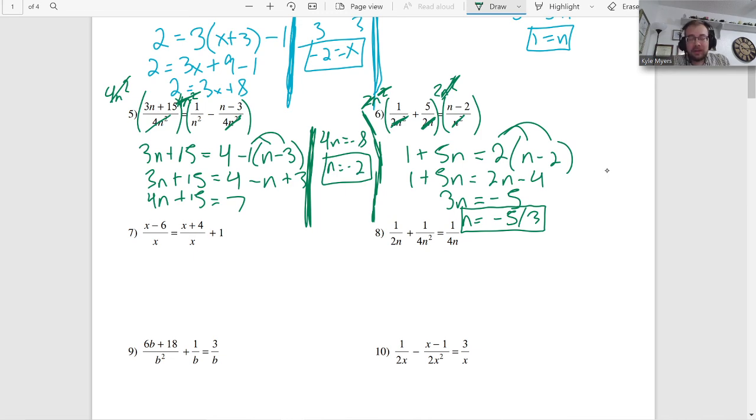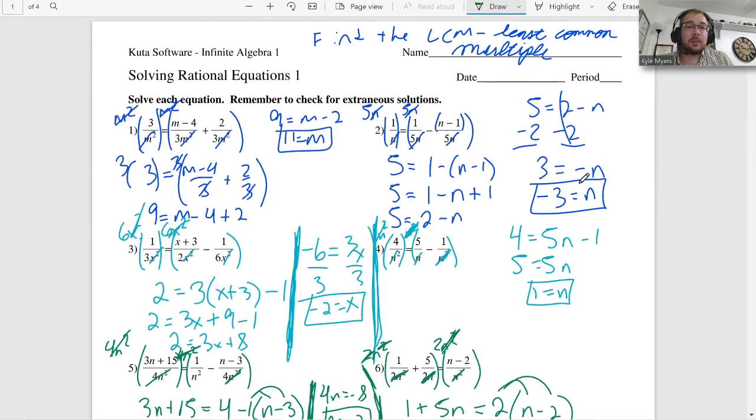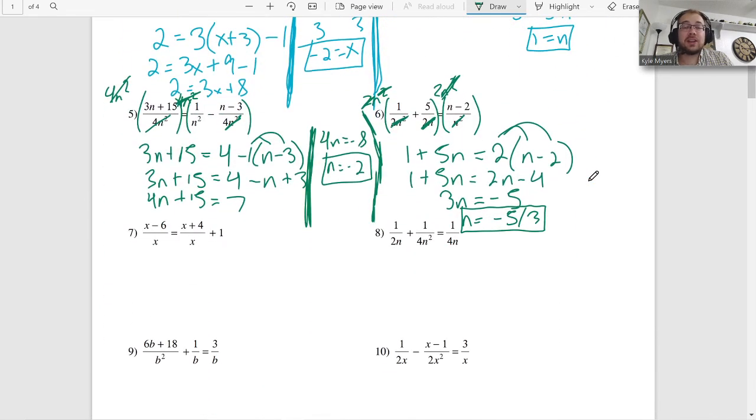To be a little general here, if you get an answer that's a fraction or decimal when all you've ever been getting so far are positive or negative whole numbers, that's a red flag. You got to check that. In this case, it didn't turn out to be the wrong answer, but it's still a red flag.